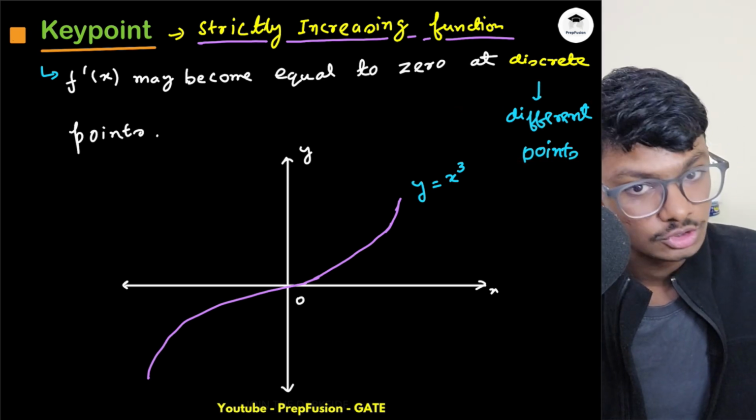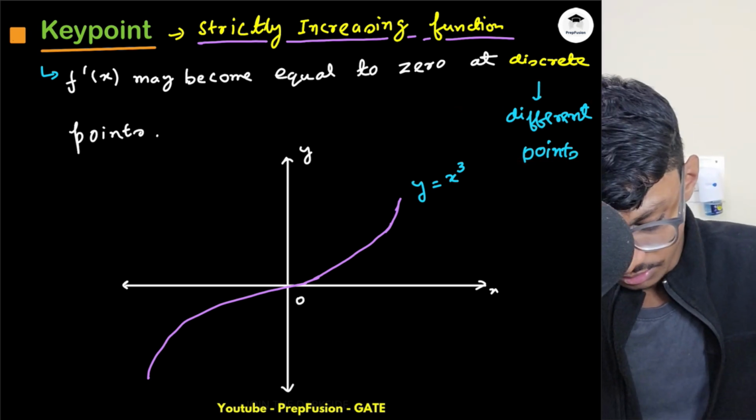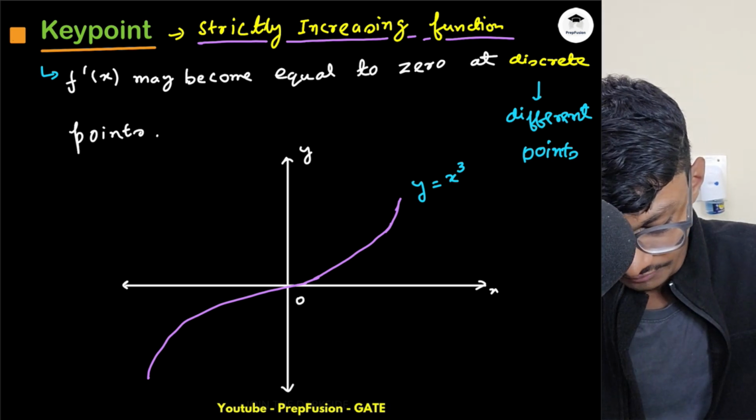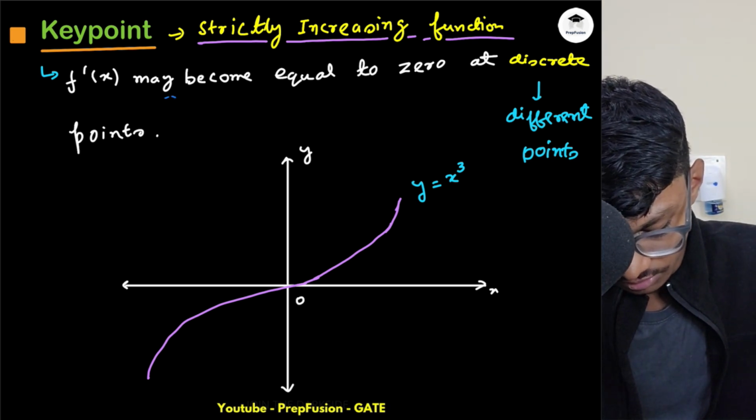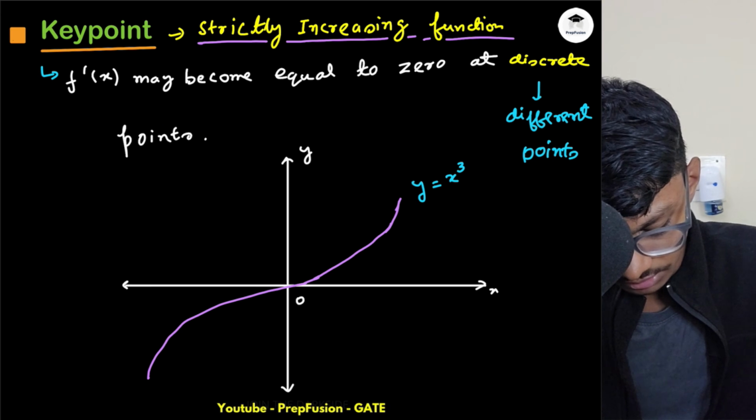Here slope, I will write f dash of x. I will write a few things, just hold on a second.